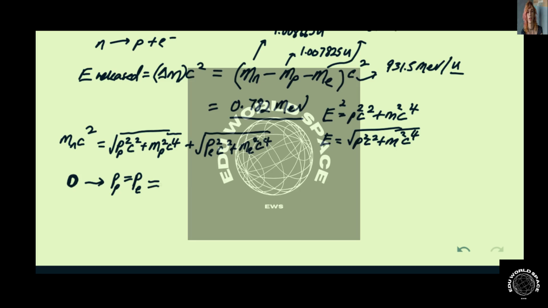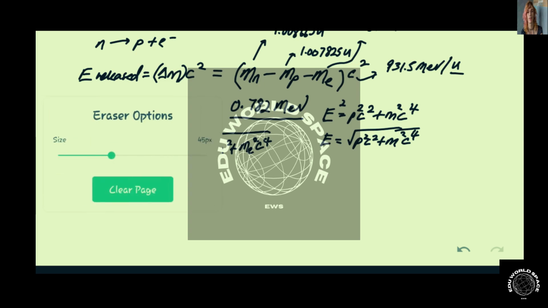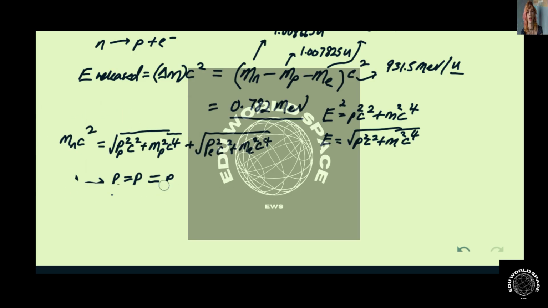So we can just define the momentum to be p. We don't have to distinguish between the momentum of the electron or the proton.